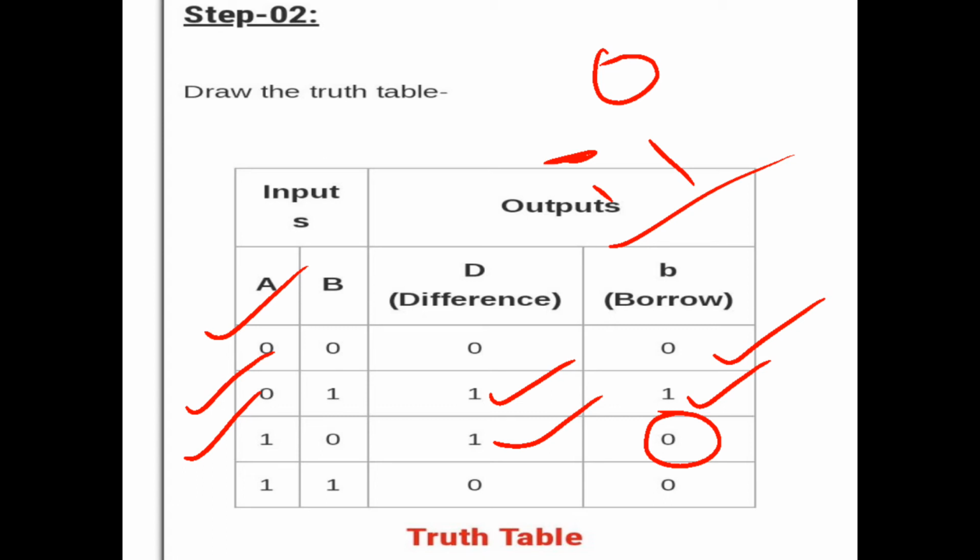Similarly, for the last combination, when both the inputs are 1, 1, the difference is 0 with borrow 0. So this is the truth table that will help us in performing binary subtraction between two single bits.